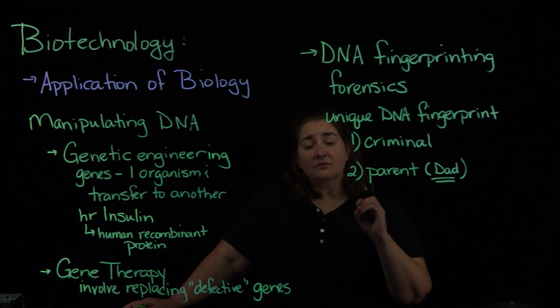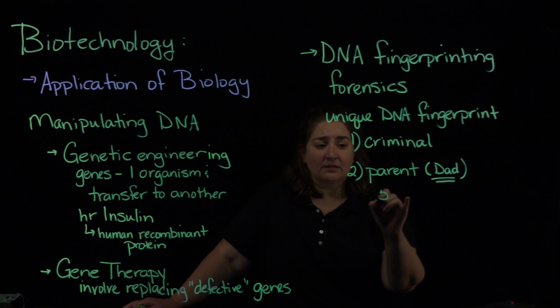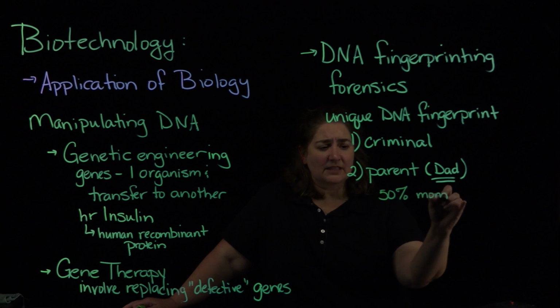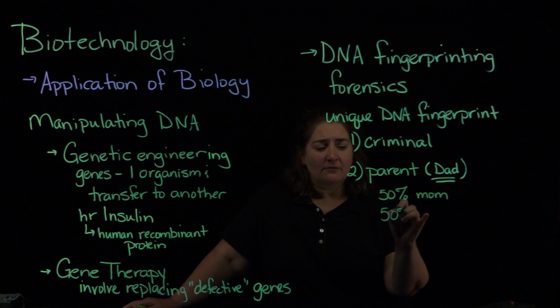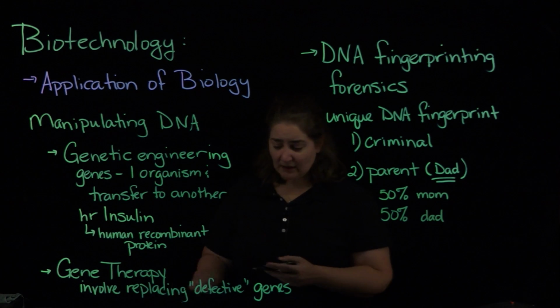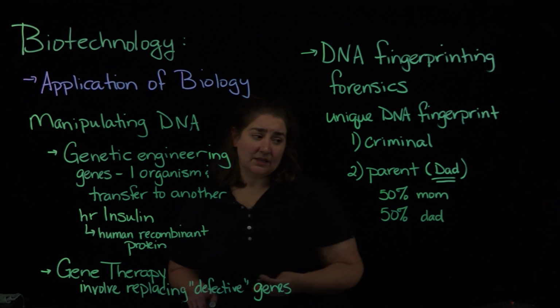Because in terms of DNA, all right, I've said this before, 50% of the DNA you get is from your mom, 50% is going to be from your dad, okay? That's going to make up your 100%.